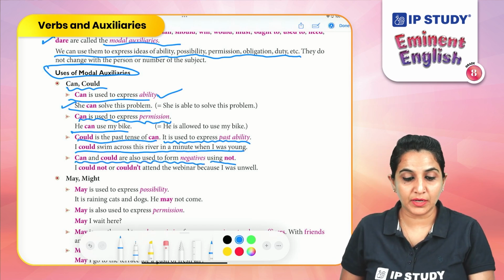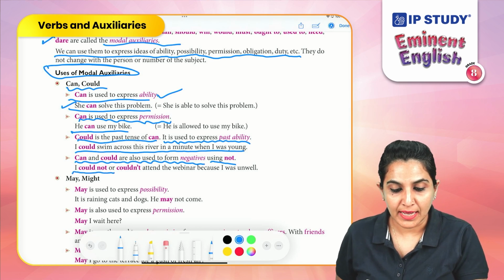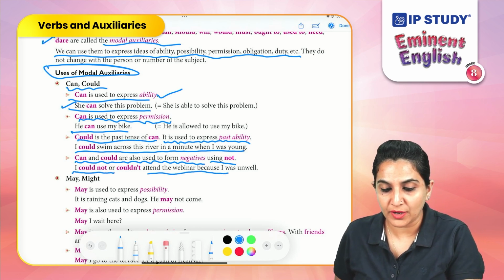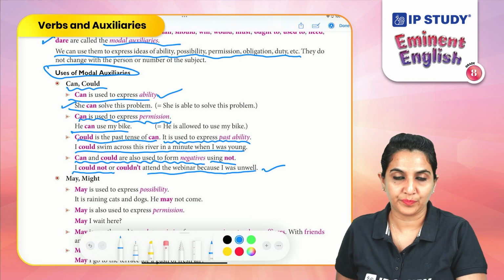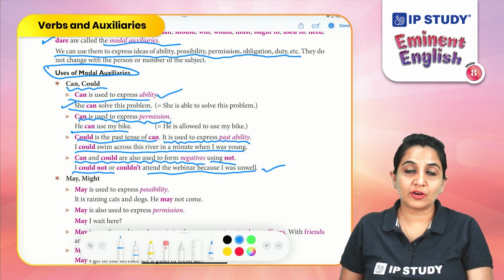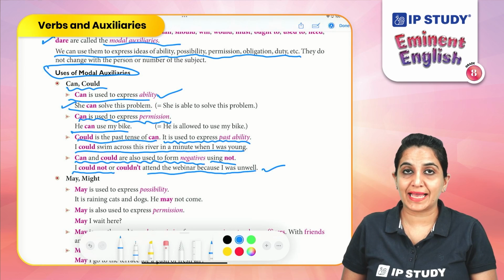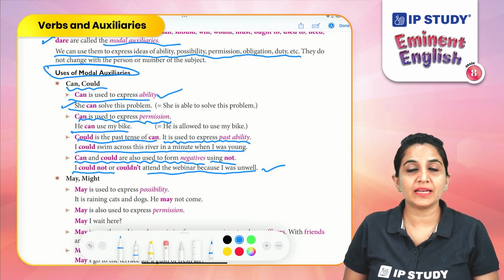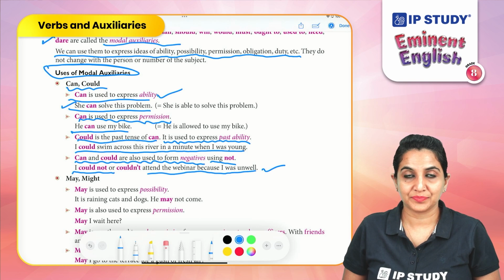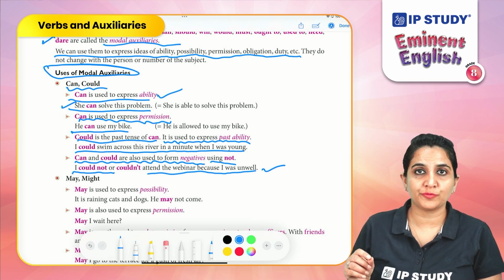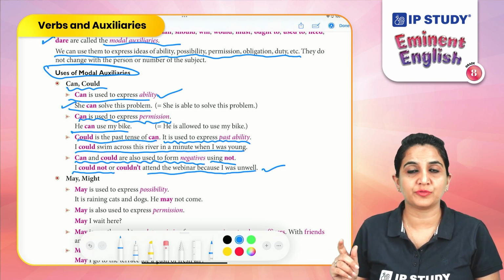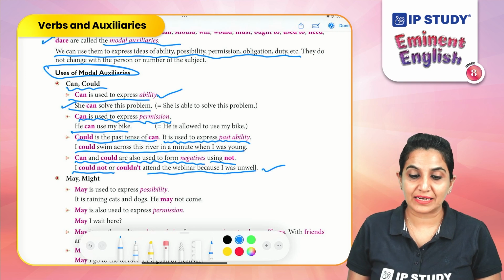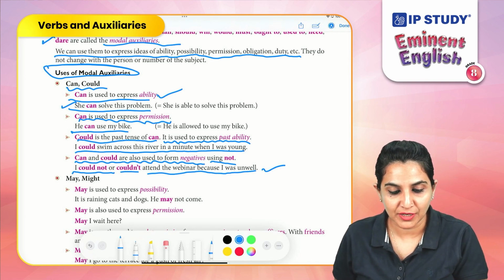For example, I could not attend the webinar because I was unwell. Cannot is correct, could not is also correct. The contraction of cannot is can't, and the contraction of could not is couldn't.